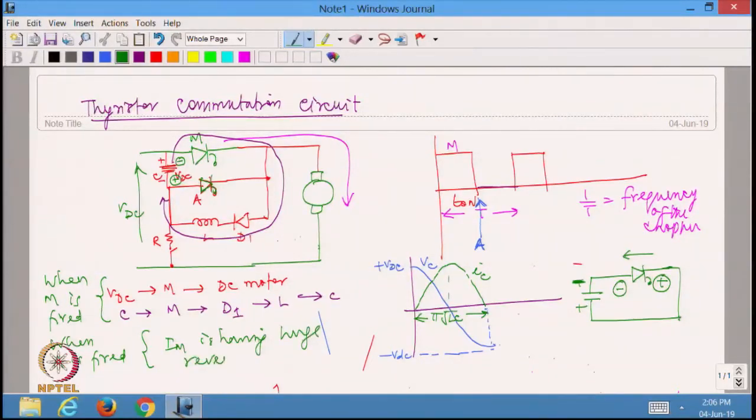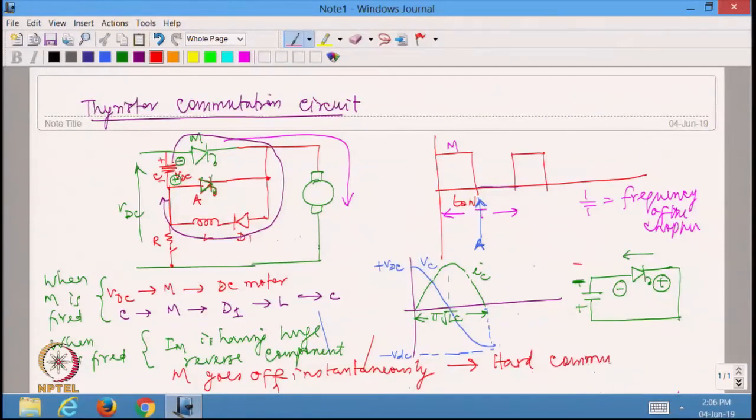Right. So, essentially that cannot be allowed by the thyristor. So, M is going to go off. So, M goes off instantaneously. So, you can say because M goes off instantaneously, we call this hard commutation.